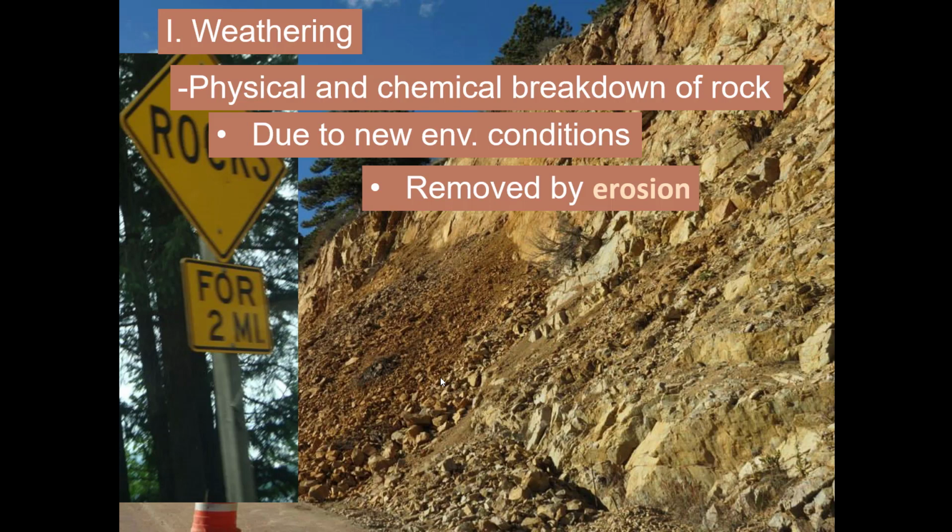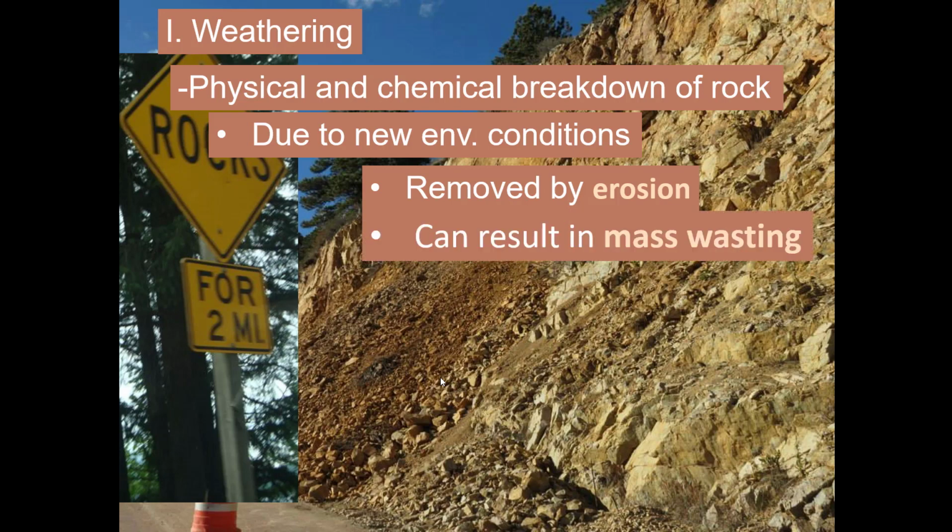Once rocks begin to break down, they can then be moved, and they're moved by the process called erosion, where rocks are moved from one location to another by wind, water, and ice under the influence of gravity. Once that happens, that can result in events like we see here, mass wasting. This is a very small rock slide, but rock slides, we'll learn in a few chapters, can be massive and very destructive.